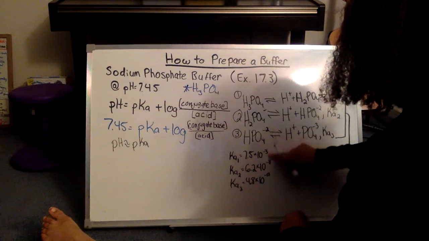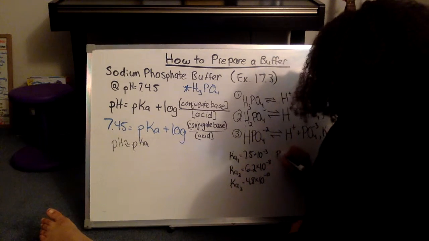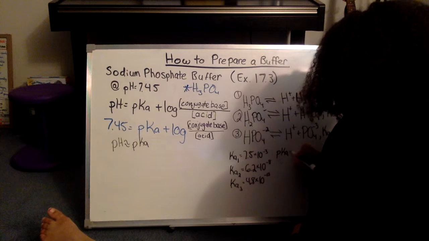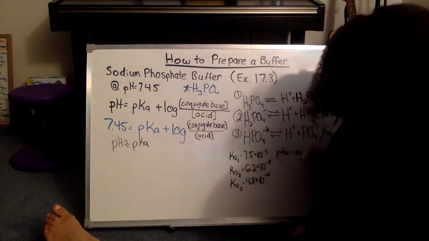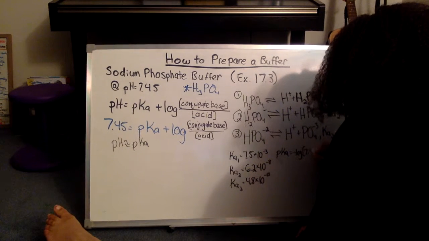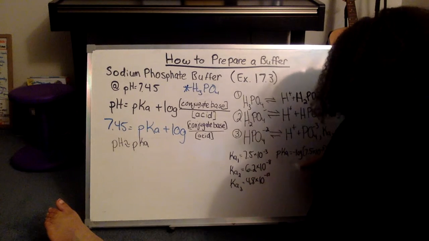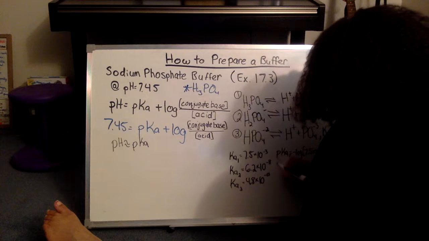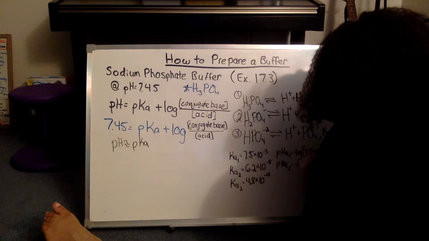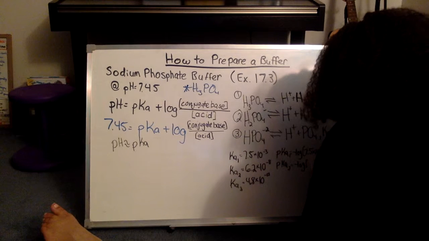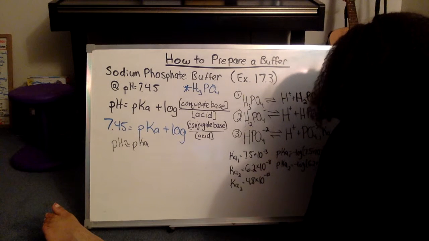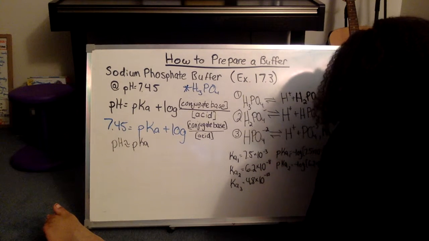Let's do this. pKa1 is equal to the minus log of 7.5 times 10 to the minus 3. pKa2 is minus log of 6.2 times 10 to the minus 8.